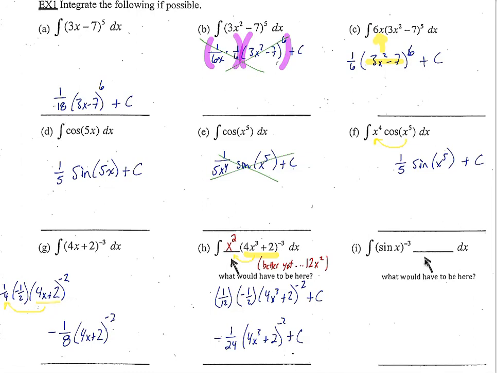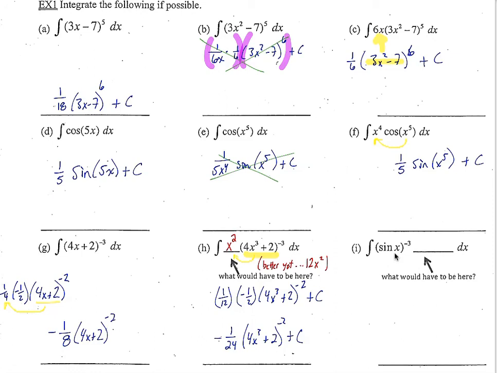Okay, last one. Blank here, we want to figure out what would be nice to have in here. What would be nice to have in here is the derivative of sine x. Have that waiting for us.